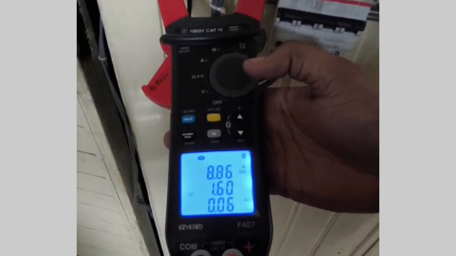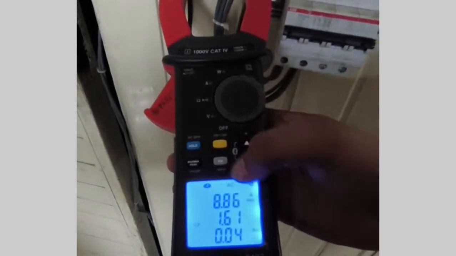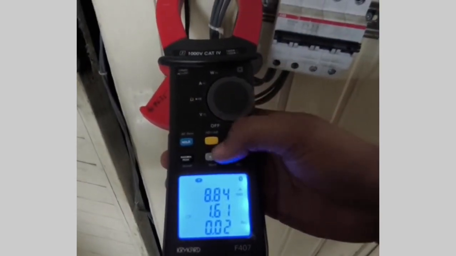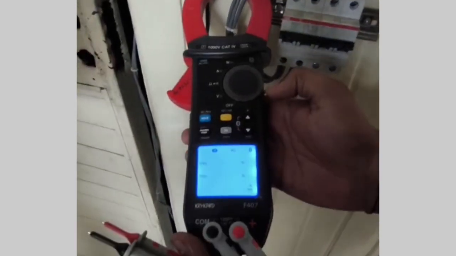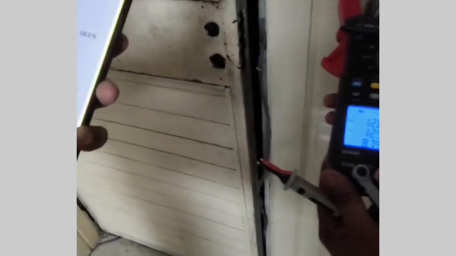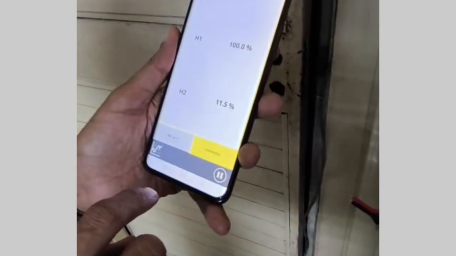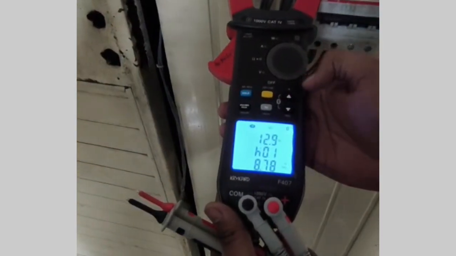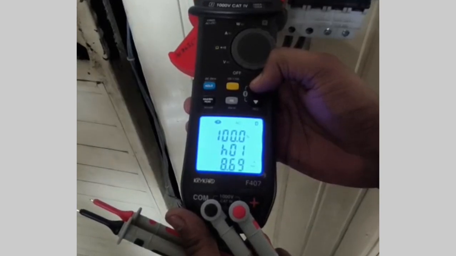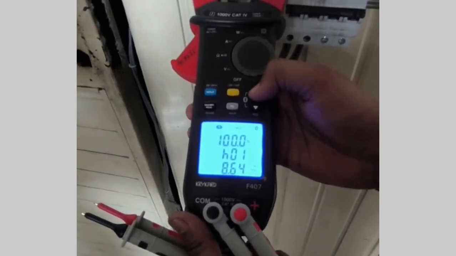To measure the distortion factor, you have to connect your meter for current as well as for voltage. When I talk about voltage, this voltage probe is to be connected to the incoming line, and you have to clamp the CT in the incoming circuit, in the incoming phase.